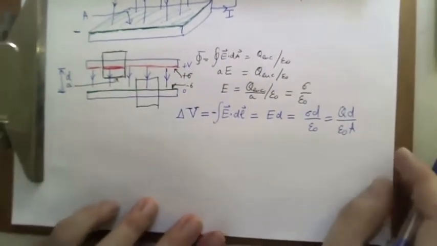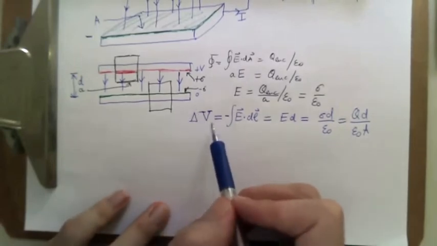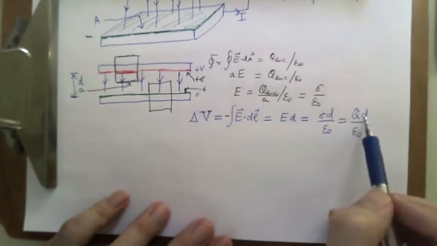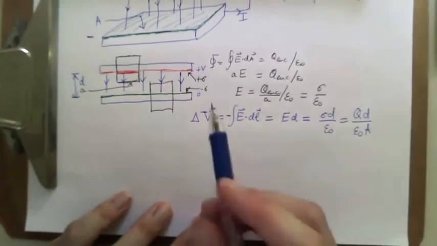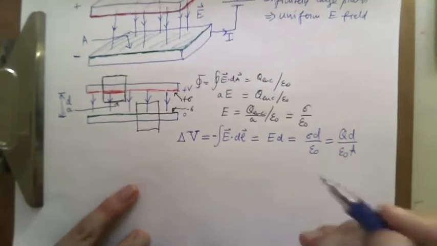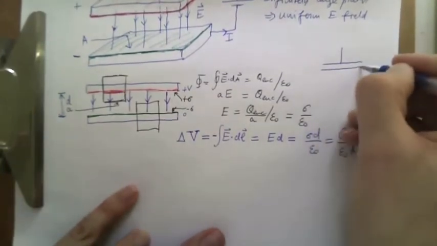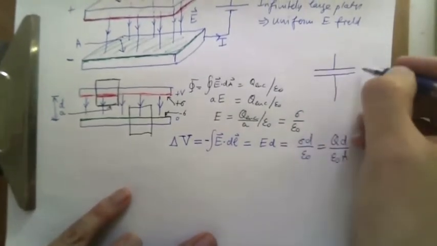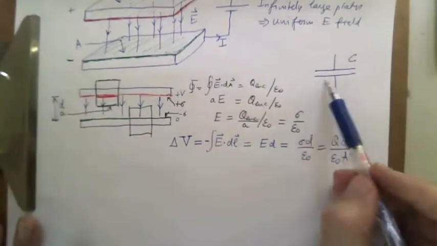The thing I wanted to show you was that this voltage difference between the top and the bottom is proportional to the charge stored on a capacitor. But this is where we need to start being a little bit careful. So I'm going to draw the electric symbol for a capacitor. It looks just like a battery, so if you're not particularly careful, these are supposed to be the same.